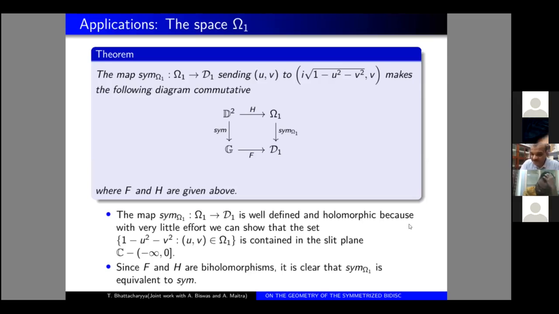In one variable, there are results that when you replace the disk by one of the half planes, say the right half plane, then one studies operators whose spectra are contained in a cone. Such things might very well be possible here. This will be much more difficult, but possible.